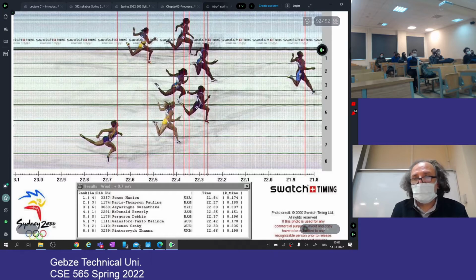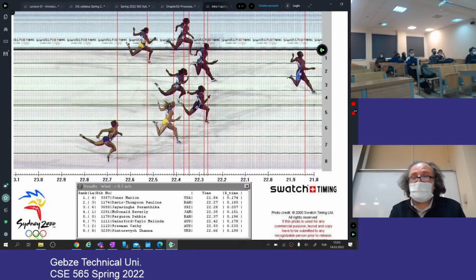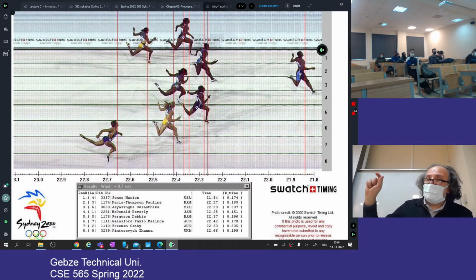Okay. So of course this is digitally composed, but before the digital computers and digital cameras, they had this, and they had been using this since 1890 maybe. In 1890, they had exactly the same thing with the film cameras. In that case, it's a line scan camera, but they kept the film rolling.